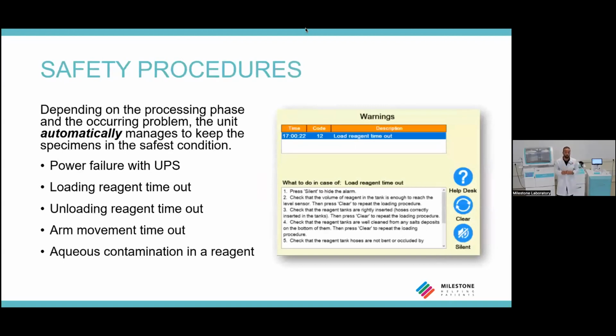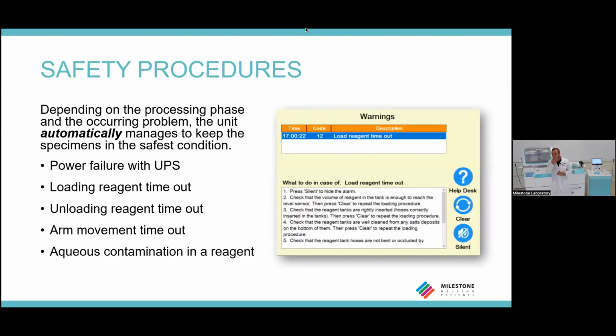Another big problem during processing, as you know, is the unattended process during the weekend or maybe night time. The Milestone processor constantly monitors specimen condition and automatically takes care of them if a problem occurs, even if the operator is not present right in front of the device.